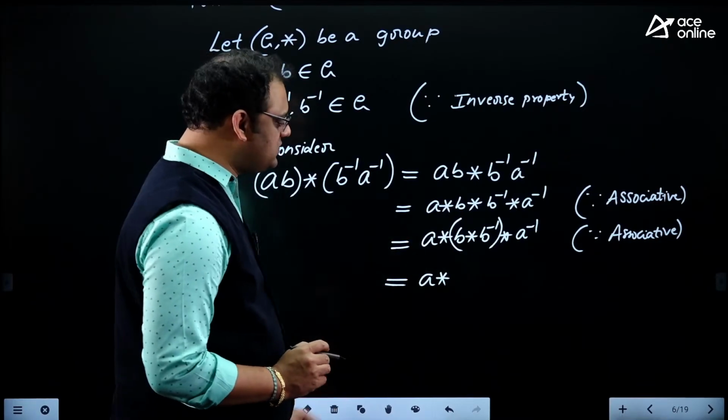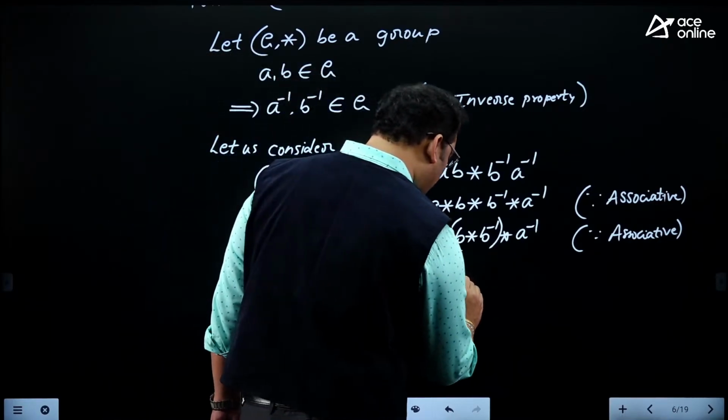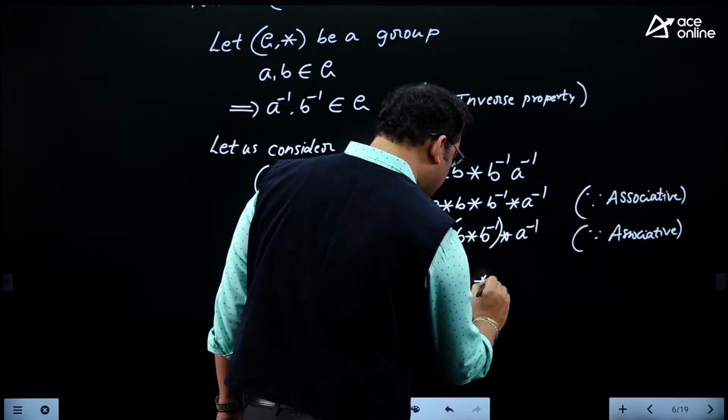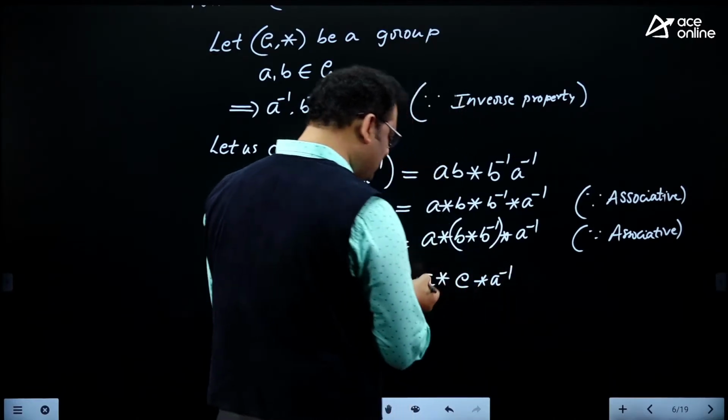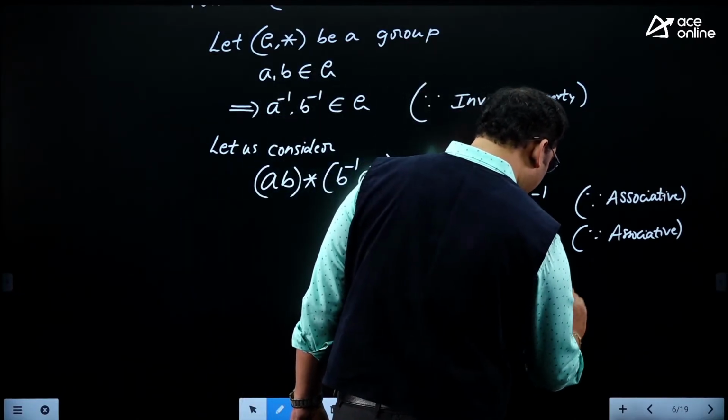B star B inverse is nothing but the identity element, star A inverse here. This is possible because of the inverse property.